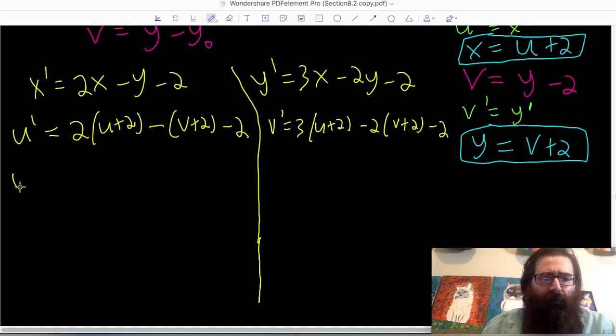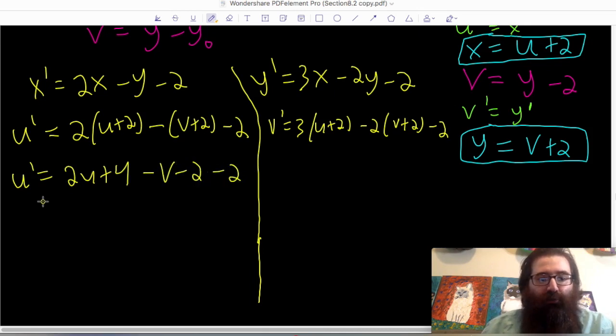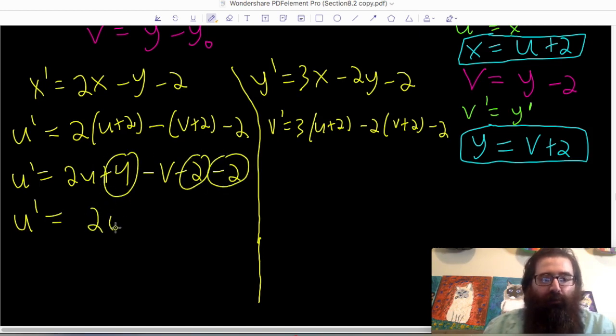So if I go through this, I get u prime equals, distributing, I get 2u plus 4, bring that minus sign in, we get minus v minus 2 minus 2. So u prime equals, and here I can say, okay, notice with my constants here, 4 minus 2 minus 2 is going to cancel. So I'm just left with 2u minus v.